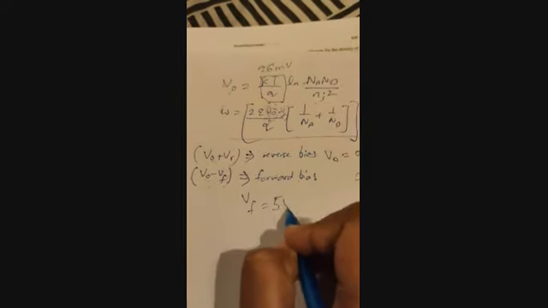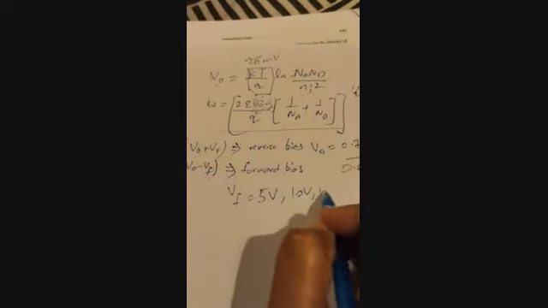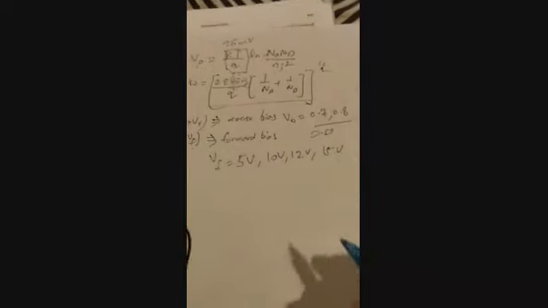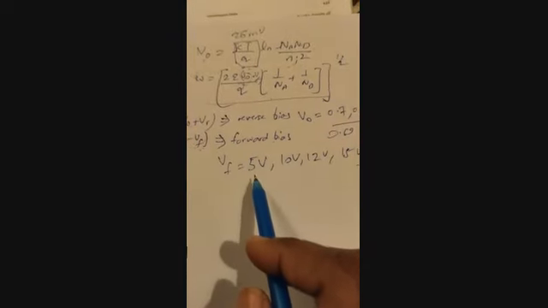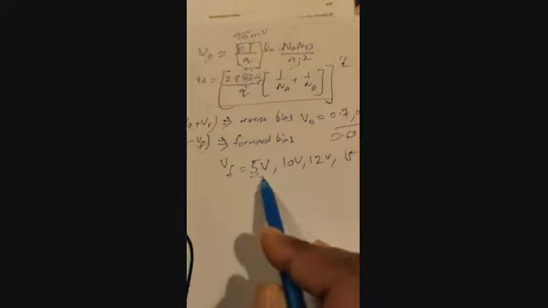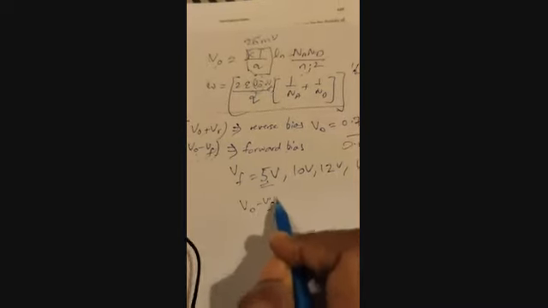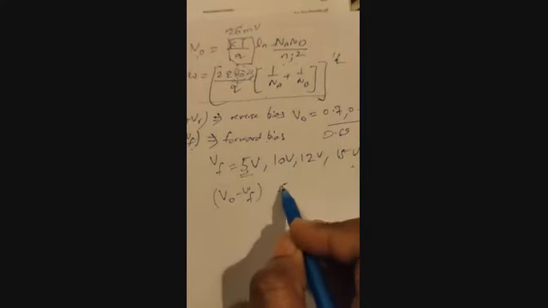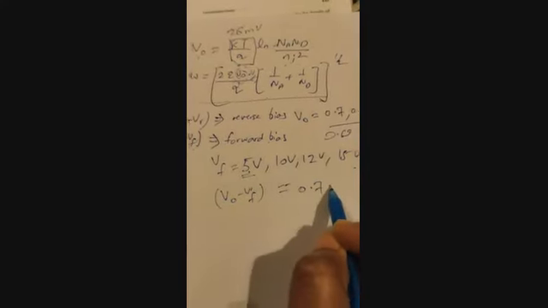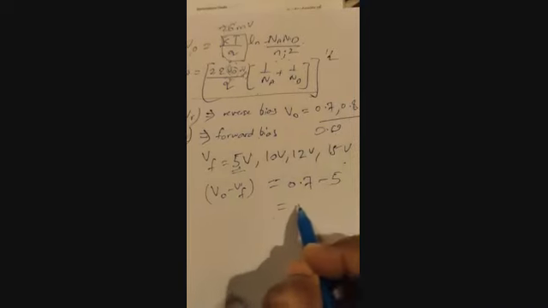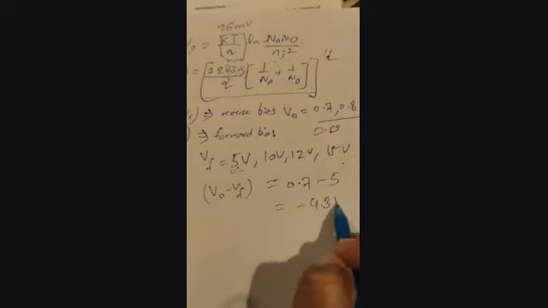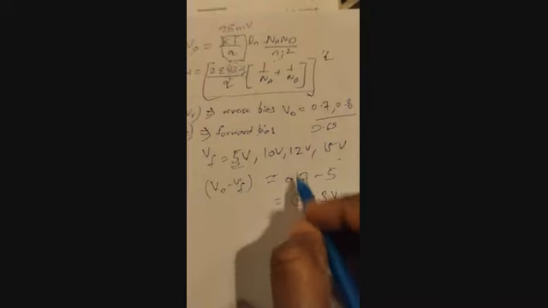Generally we keep it at 5 volt, 10 volt, 12 volt, 15 volt. But suppose I keep the value at 5 volt, then the net expression will be V naught minus Vf. Taking the V naught value as 0.7, 0.7 minus 5 comes to minus 4.3 volts. A negative quantity under the root means imaginary, and it is not possible.